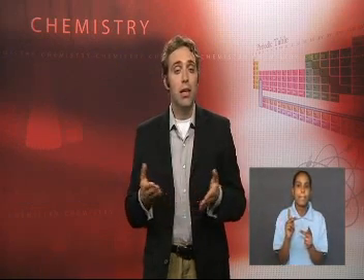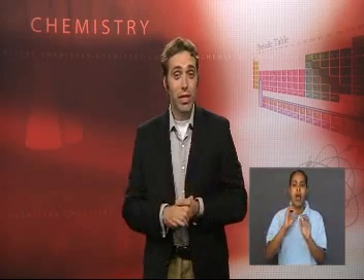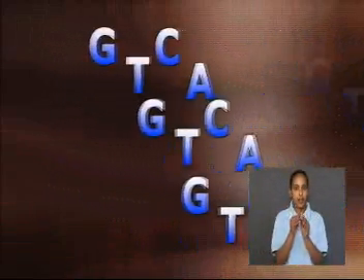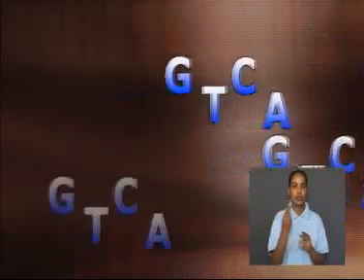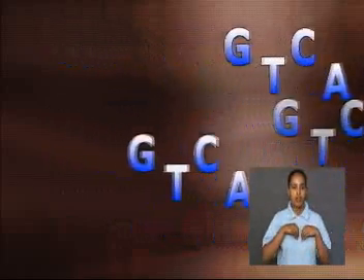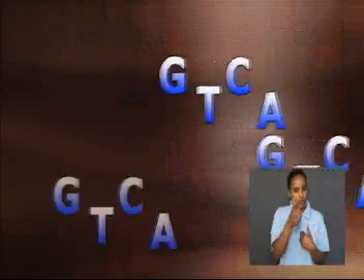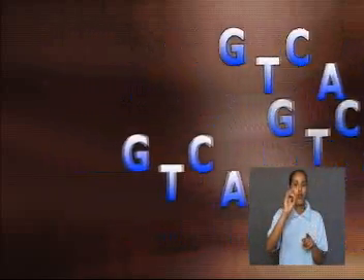Now that we have defined proteins and polypeptides, let us examine how proteins are formed. Proteins are assembled from polypeptides using information encoded in genes. Each protein has its own unique amino acid sequence.